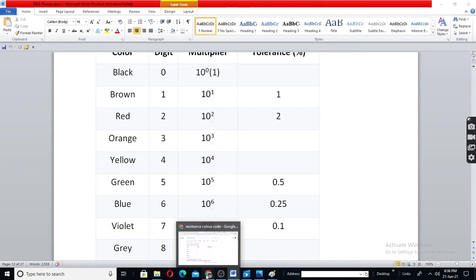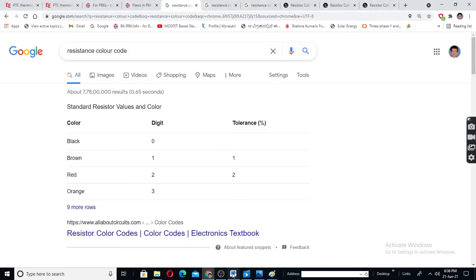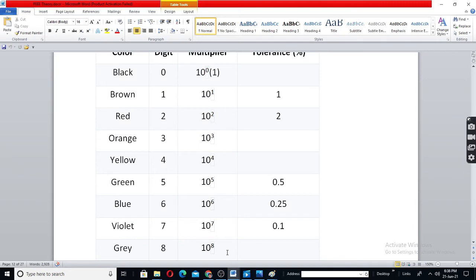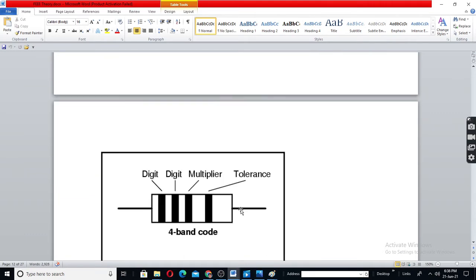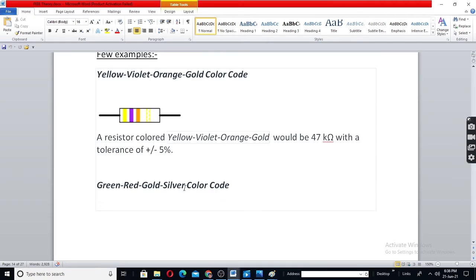Now let us see the calculation, determination of the value of resistance and then tolerance. See here, yellow, violet, orange, gold. That is the color code.